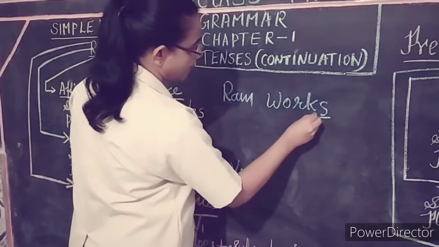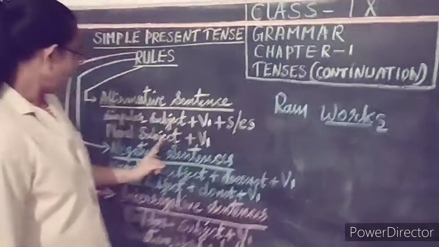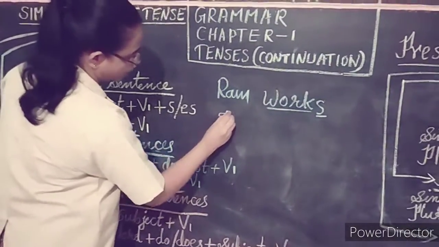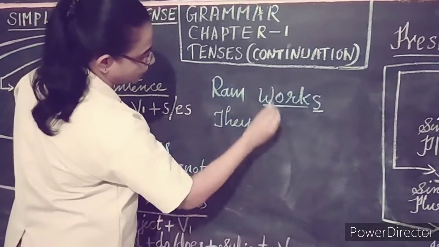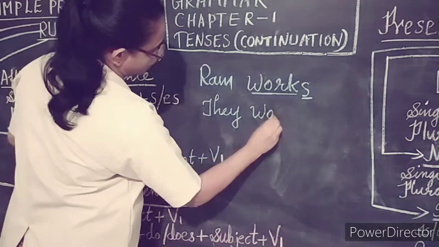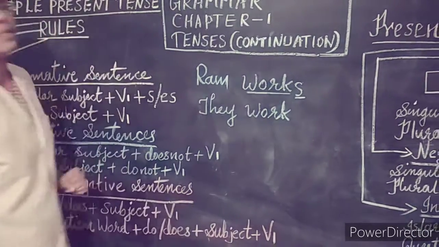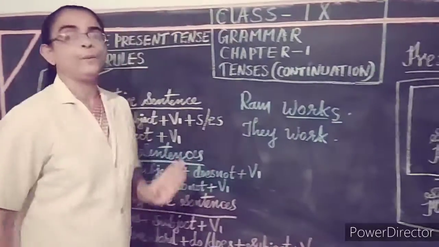That is S and the first form of the verb. And let us see about the plural subject. Let's take the plural subject they. Let's form the same word. They work. We are not using S or ES here.